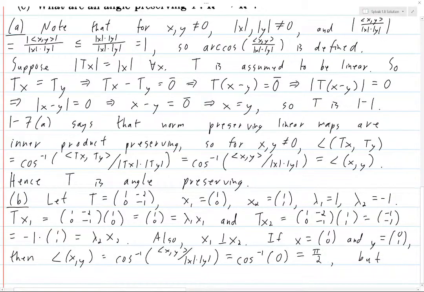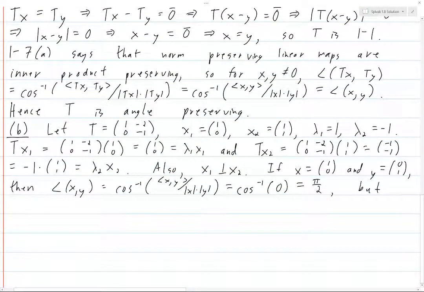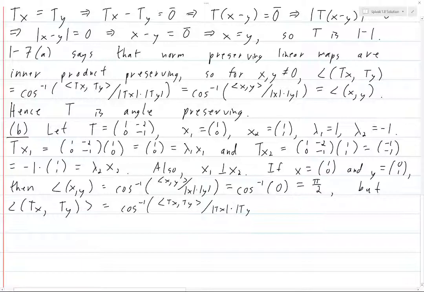But now let's look at the angle between Tx and Ty. This is equal to cosine inverse of the inner product of Tx and Ty over norm of Tx times norm of Ty. Tx we've already done, because x is equal to x1, so it's just going to be 1, 0.